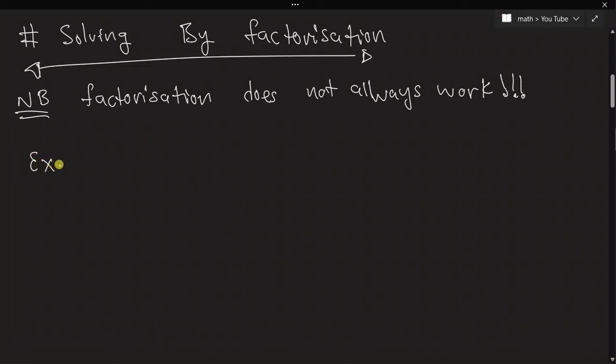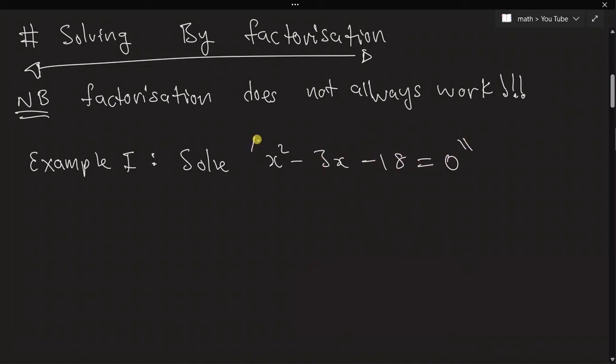So our first example goes as follows. We are asked to solve the equation x squared minus 3x minus 18 equal to 0.